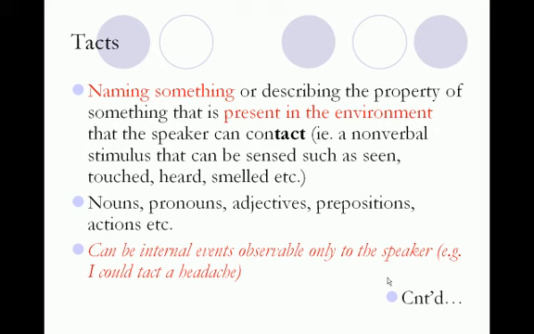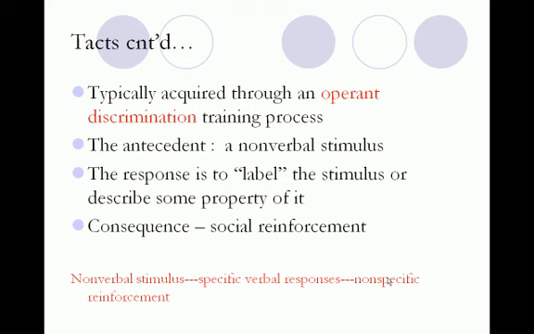Now, tacts are typically acquired through an operant discrimination training process, meaning, training up, holding up two things or whatnot, and "show me the car," or "what is it," and the person identifies the car. Sorry, "show me the car" is typically a bit of a receptive response.